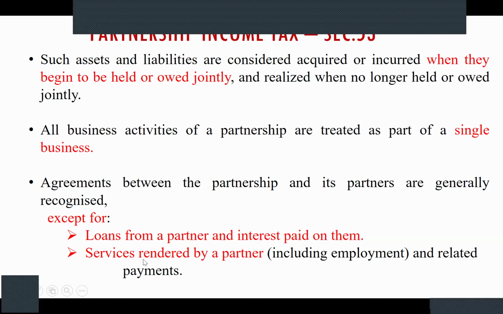Sometimes services can be rendered by a partner, and the partner may receive some service fee, including employment. That means partners are providing their employment service to the partnership, and then the partnership pays salaries to that partner.